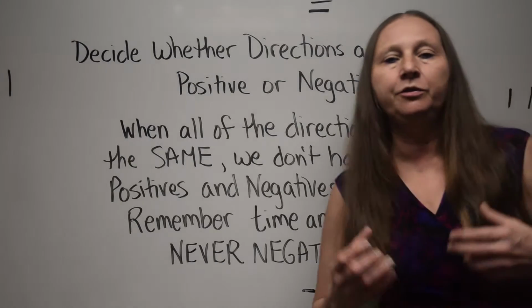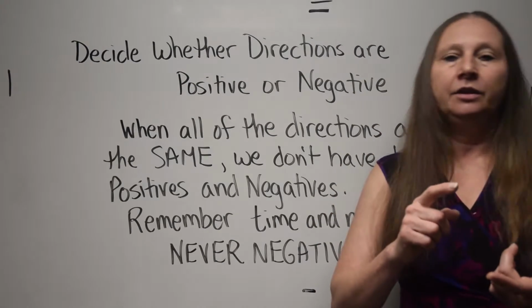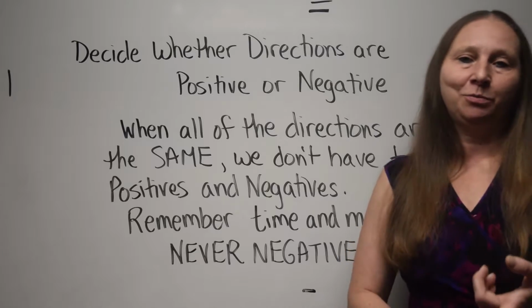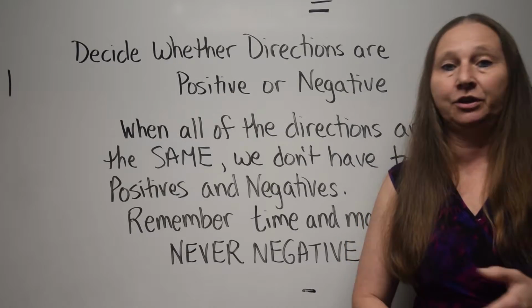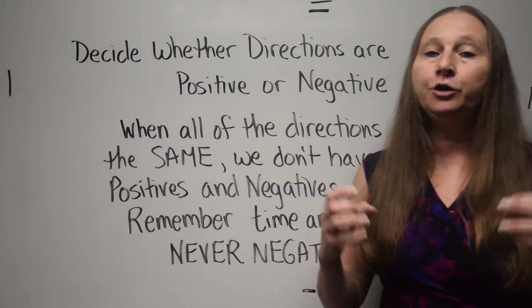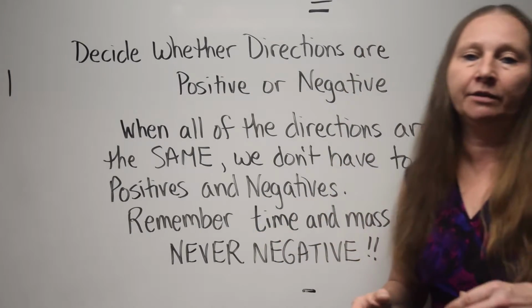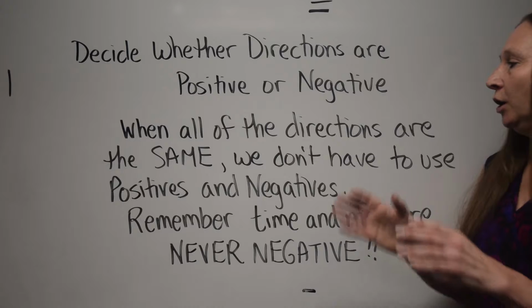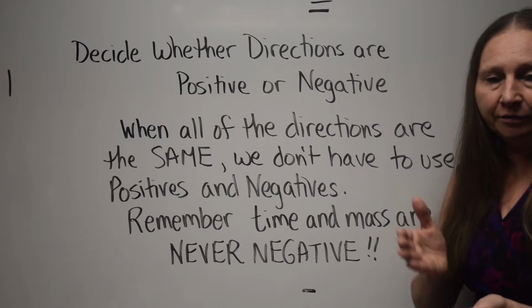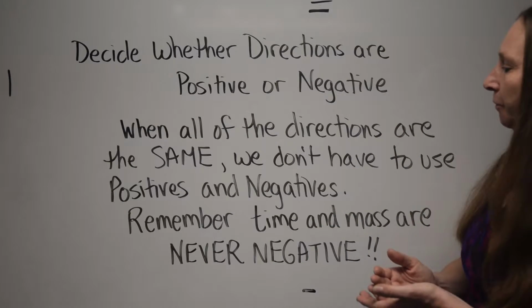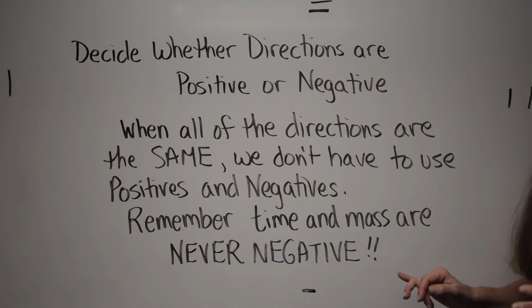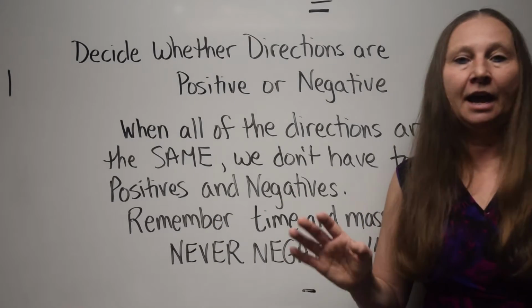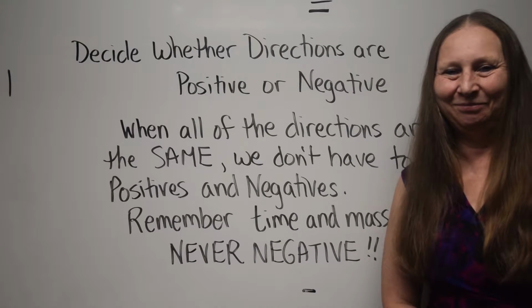So in other words, if the initial velocity, the displacement, the acceleration, and the final velocity are all negative, then you don't really have to put the negatives into the equations. So again, we're not going to worry about positive and negative in this video. Also keep in mind that time and mass are never, ever negative.